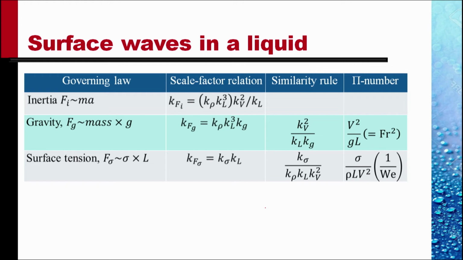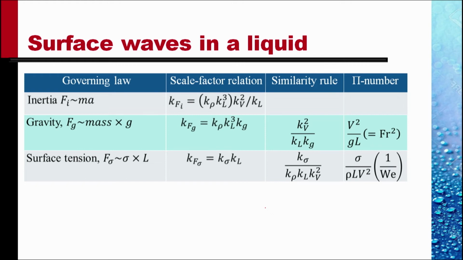V square over gL in the 2 flows, the model and the prototype, should have the same value, and sigma over rho L V square should have the same value in the 2 flows.